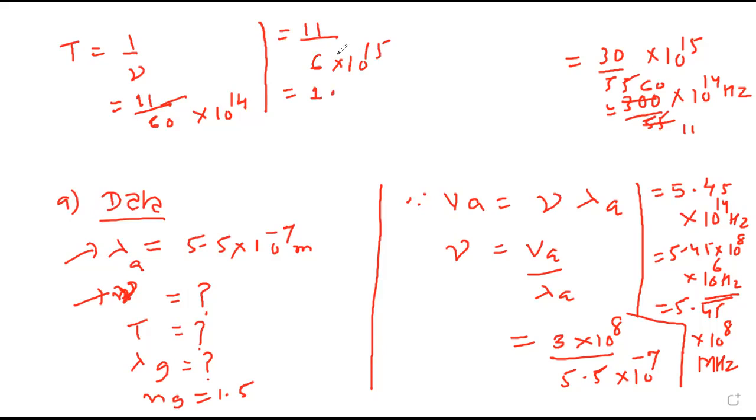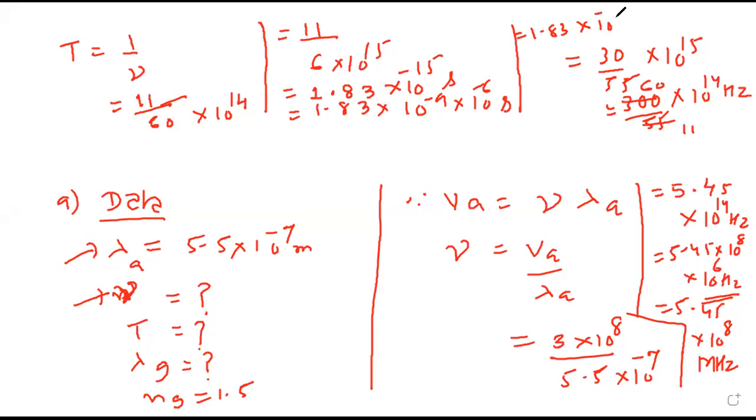Remainder will be 550. 6 8s are 48. Remainder 220. 6 3s are 18 into 10 raised to minus 15 second. This 10 raised to minus 15 I'm splitting as minus 9 and minus 6. So therefore it becomes 1.83 into 10 raised to minus 9 microsecond. Please copy this much first.